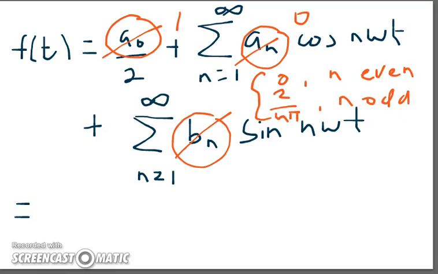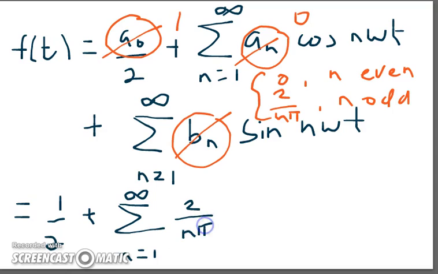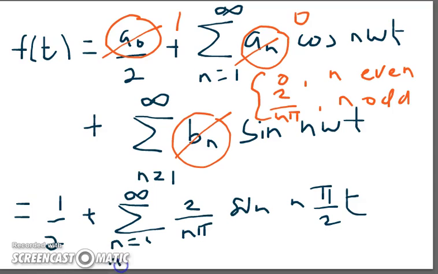Okay, so we can now write like this: 1 over 2 plus 0, so no need to consider this, plus the summation of Bn. So how can we write in this case? Okay, I can now write the non-zero value, which is 2 over n pi multiplied with sin(n pi over 2 t) here, but I need to mention here that instead of n equals 1 to infinity, the n must be odd.